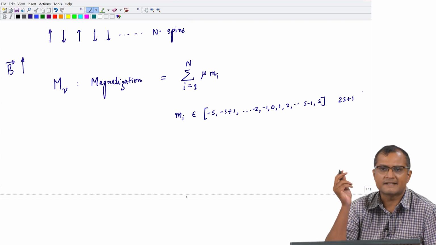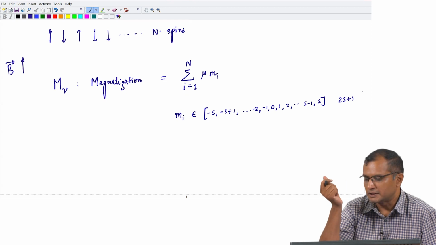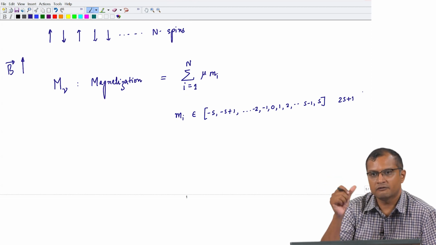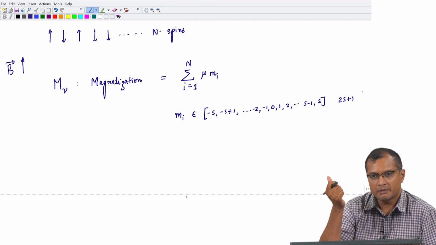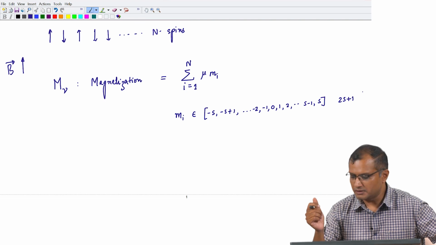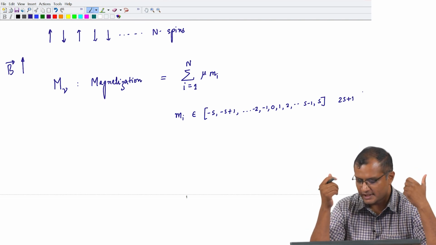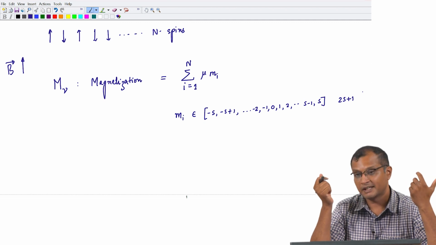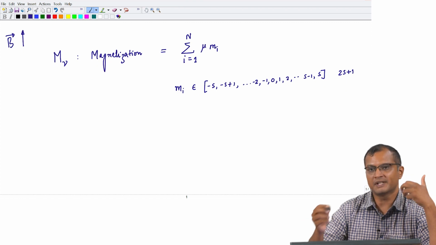So, this is not a spin half system, where you can only take minus 1 and plus 1 for the mi's. Here s could be 3 by 2, 5 by 2 or any large number, and this essentially gives your excitation values of minus s to plus s. So, it is not restricted to a spin half system.